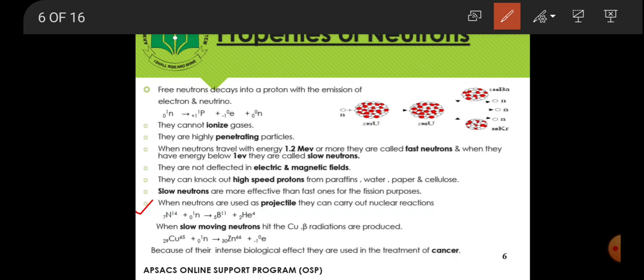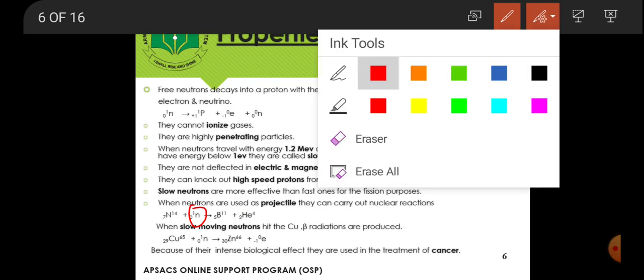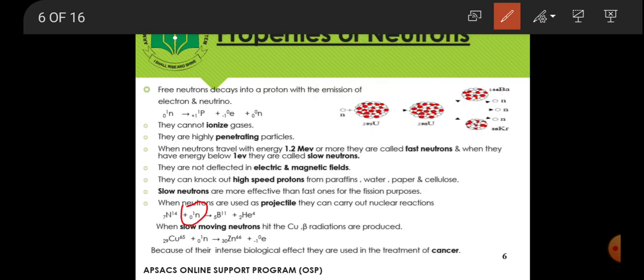When neutrons are used as projectile, means when fast neutrons are used, they can carry out nuclear reactions. Nuclear reactions are reactions in which the nuclei is broken down. For example, when fast neutron is used in a nuclear reaction, this neutron can eject an alpha particle from nitrogen atom and a boron atom is also produced.